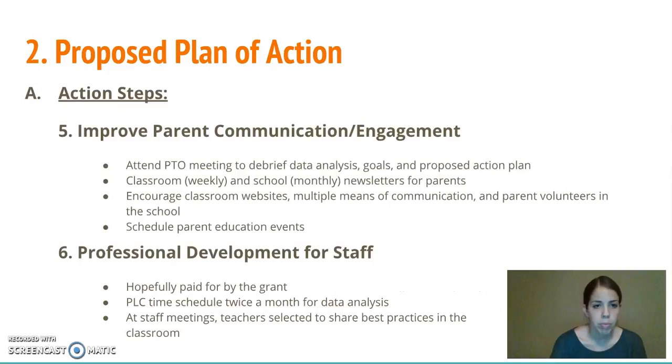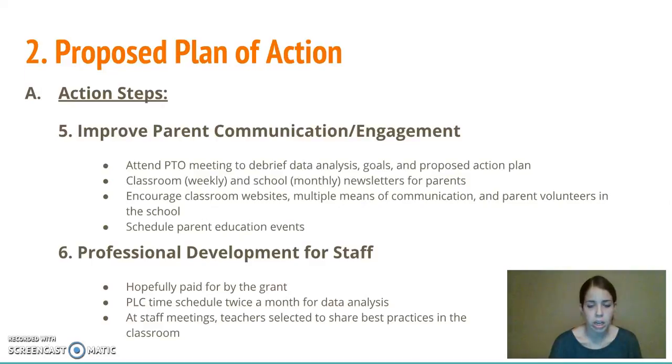Step 5, I would improve parent communication and engagement by attending the PTO meeting to debrief the data analysis goals and the proposed action plan that is coming from the previous steps in this plan. And I would require classroom and school-wide newsletters for parents.